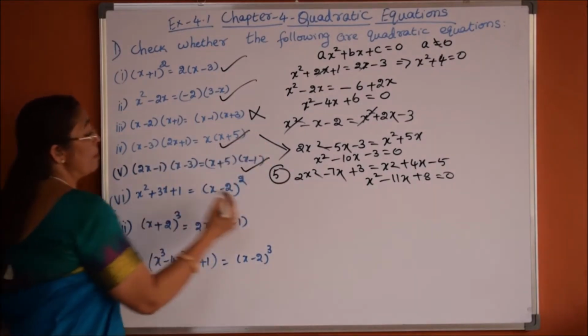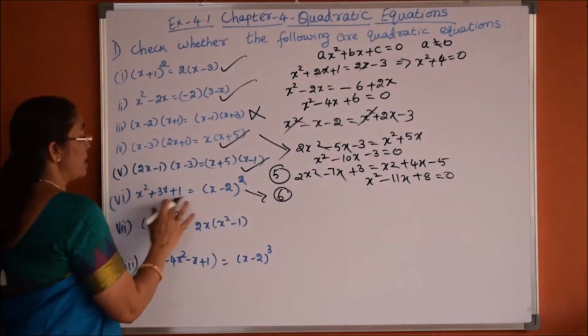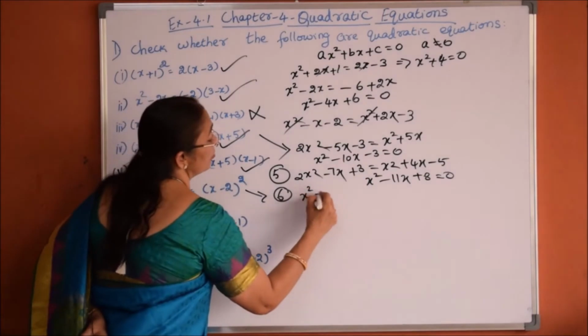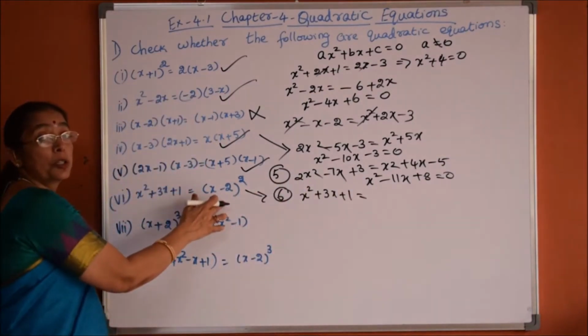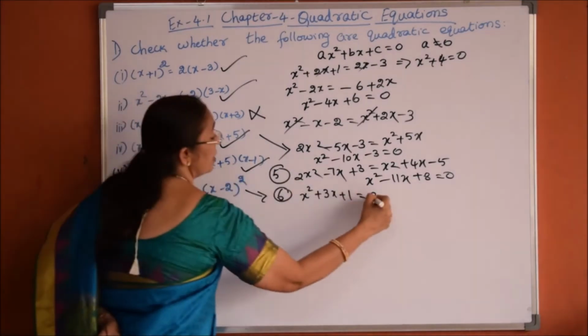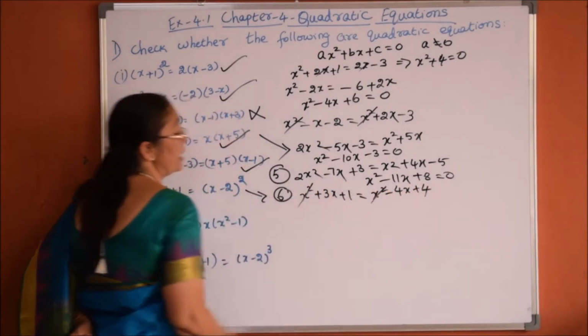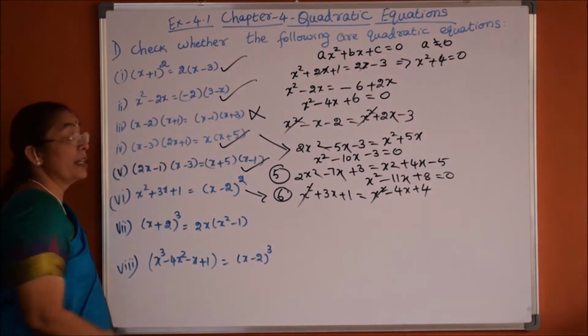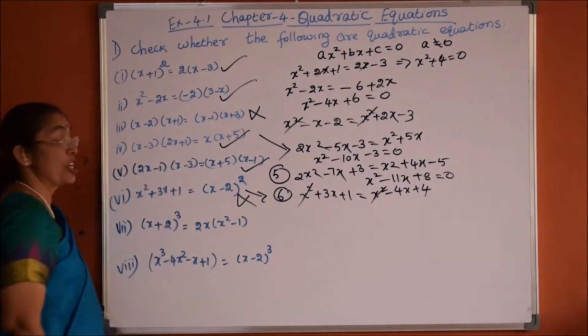Coming to problem number 6. x² plus 3x plus 1 is our left hand side, and the right hand side, using the (a minus b) whole square formula, is x² minus 4x plus 4. Both on the left hand side and right hand side, the x² term will get cancelled. Therefore, this is not a quadratic equation.